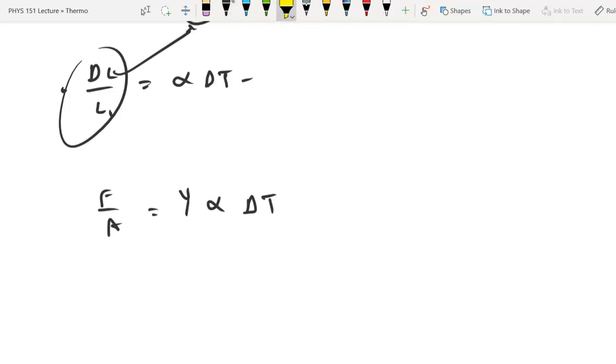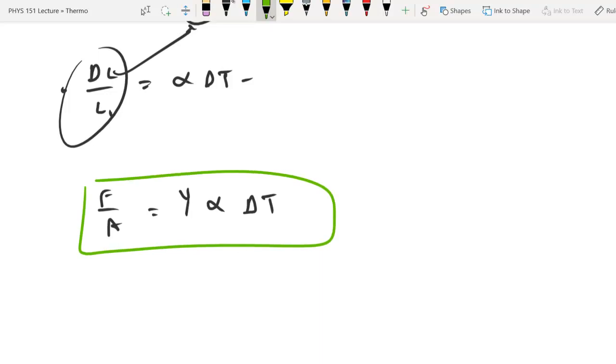This is the thermal stress, the linear thermal stress. It would just be beta here for volumetric, right? We're interested in just linear. So this is what we'll call the thermal stress.